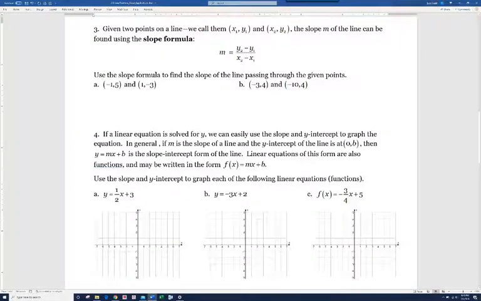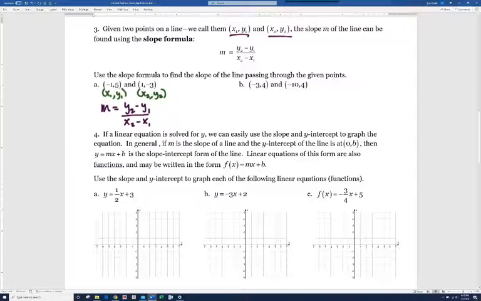All right, so in this first problem, it says use the slope formula to find the slope of the line passing through the given points. So I'll call the point -1, 5 my first point, and 1, -3 my second point. So I'm going to go ahead and write down the formula.